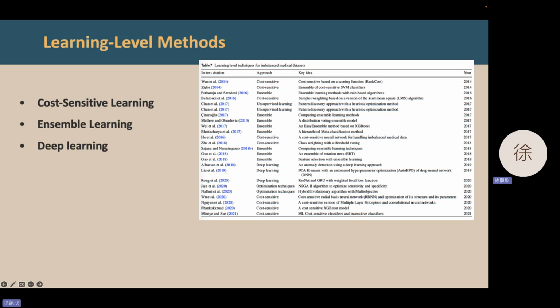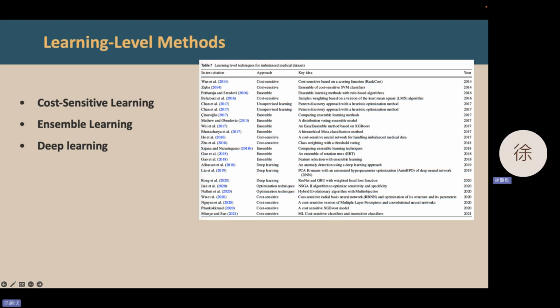About the learning level part, basically it means we don't change the data itself, but we try to deal with the data imbalance when we train the model. So the first is cost-sensitive learning. It tells the model that misclassifying the minority class, usually sick patients, should have a higher penalty than misclassifying the majority class, like healthy people.